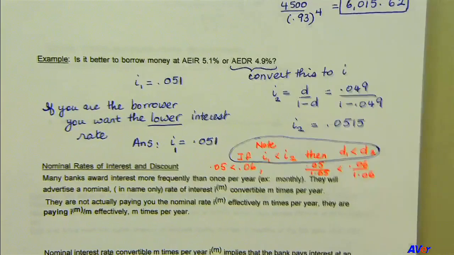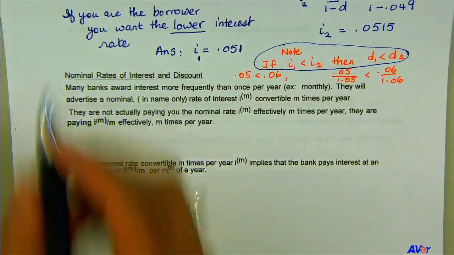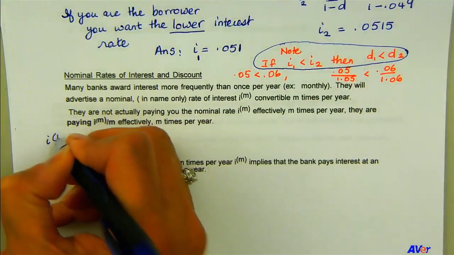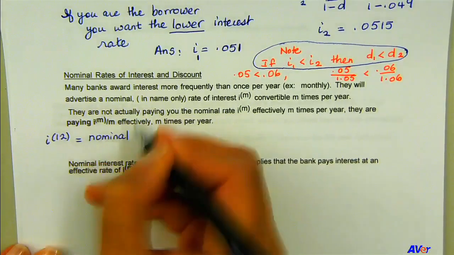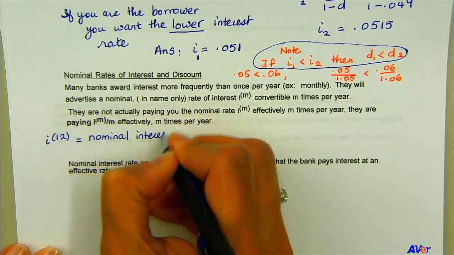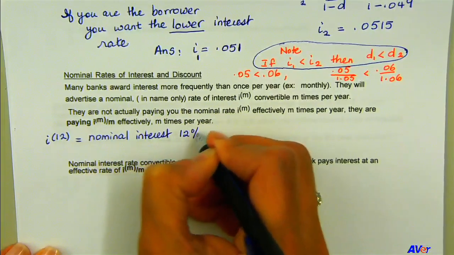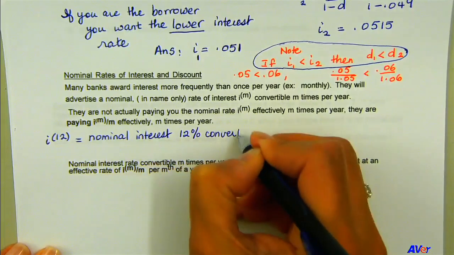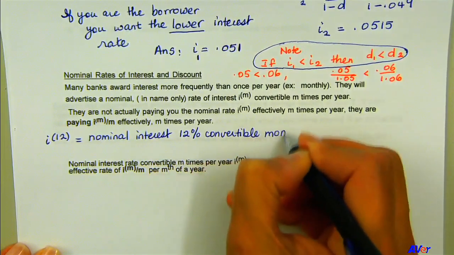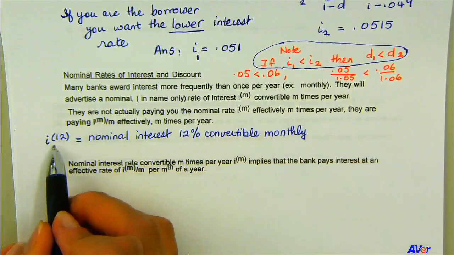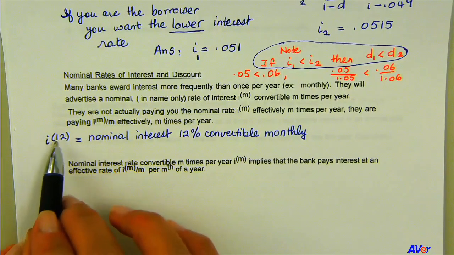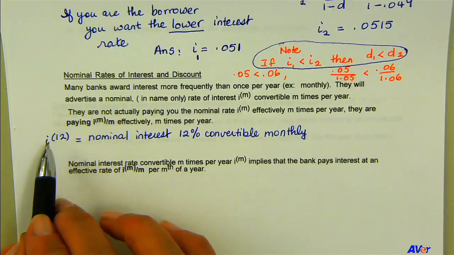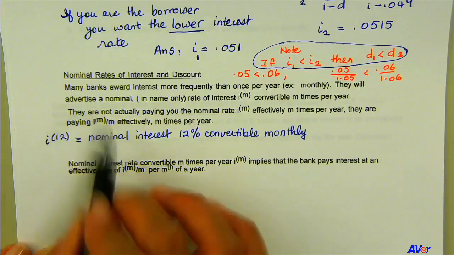So what am I talking about? Let's say that the advertised rate is i^(12), which is the nominal interest of 12% convertible monthly. The superscript tells you how many times per year your interest is convertible. So my interest rate here is convertible 12 times per year, meaning every month they're going to compound interest.